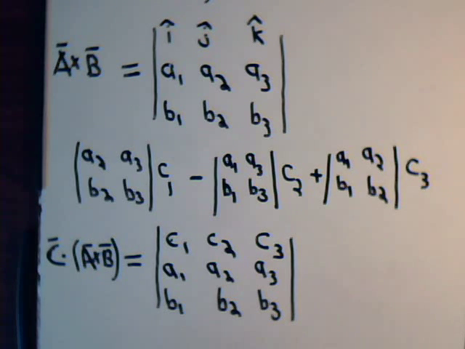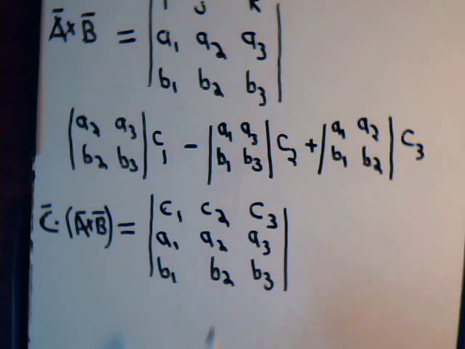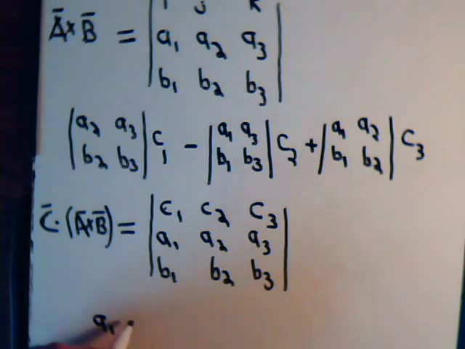Now, just looking at this general pattern, suppose that we had the determinant like this. Suppose the A components were written across the top. So we have A1, A2, A3, and then C1, C2, C3.